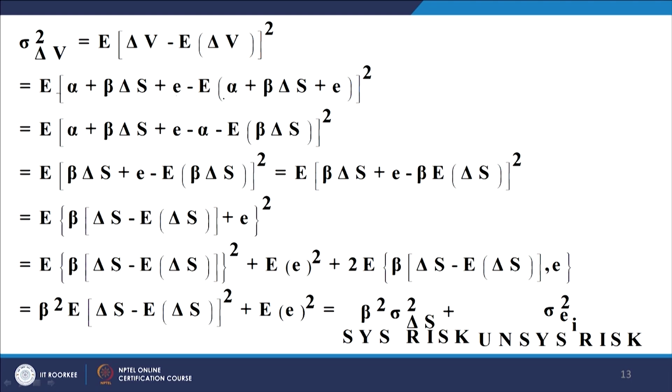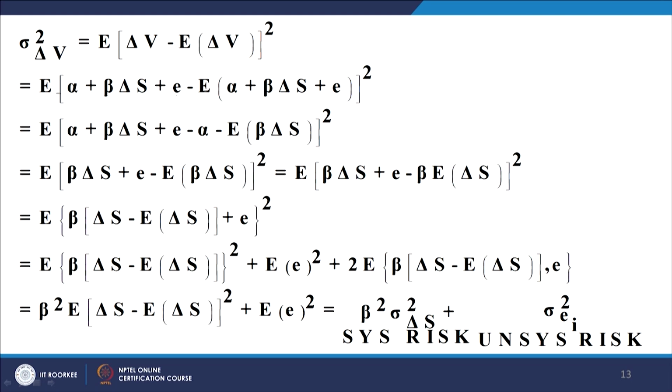Now, look at this. The mean value of alpha is alpha, and the mean value of the error term is 0, and therefore, when you simplify this, the alpha goes, and we are left with beta delta S minus E of beta delta S, which comes from here.